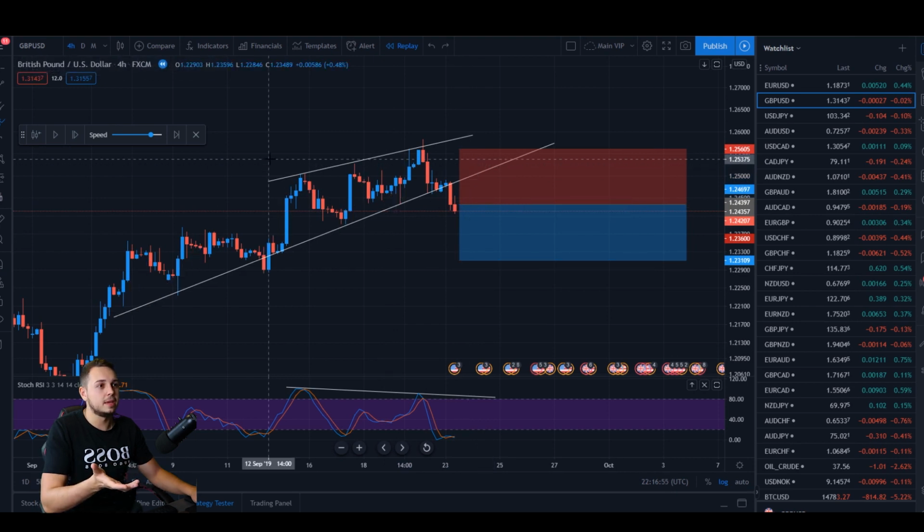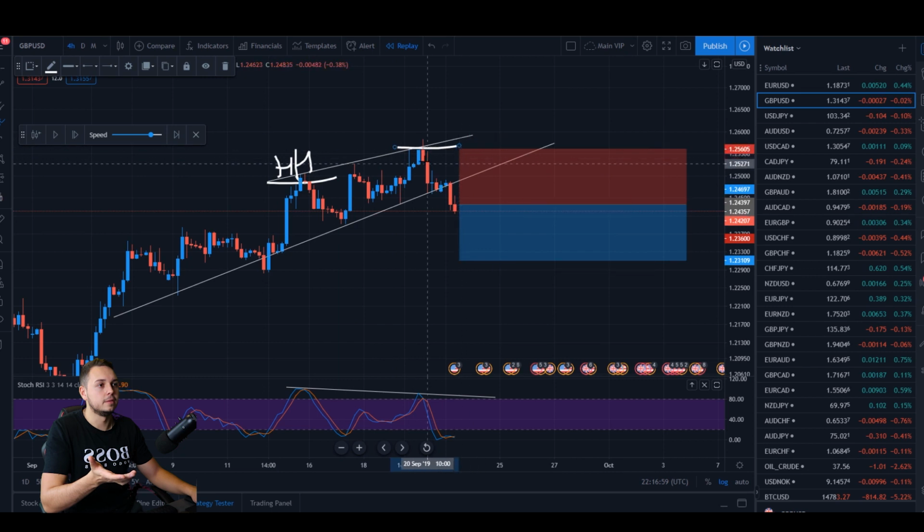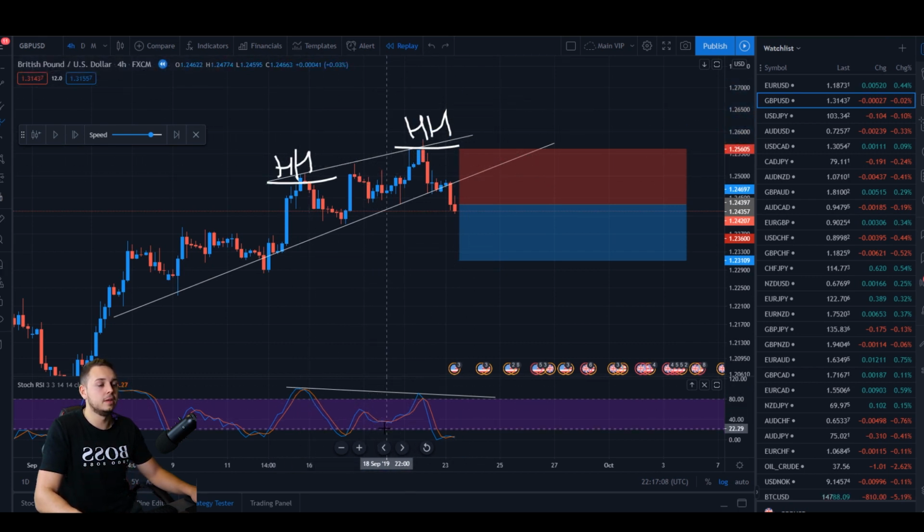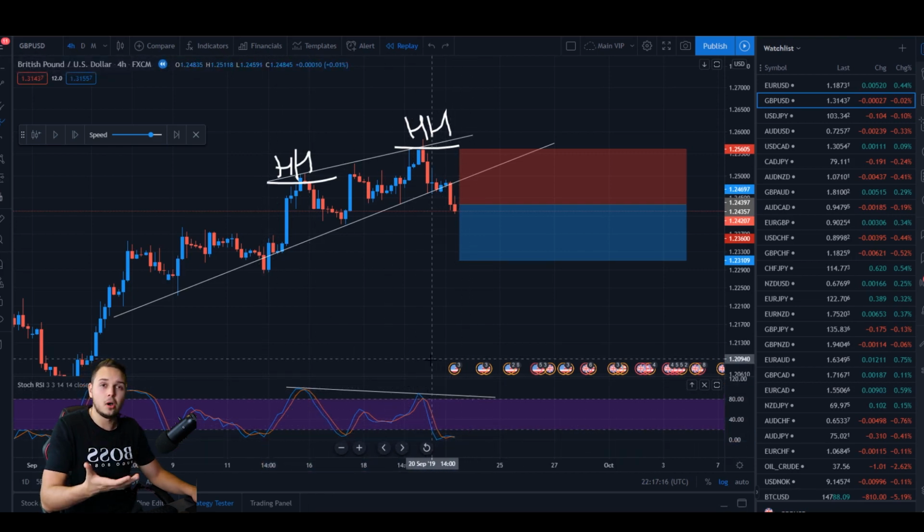Now, since we were making higher highs over here, this is the higher high, this is the higher high, right? And this higher high was important because of this divergence. Although this was a higher high on the candlesticks, this was a higher low on the indicator, and it's probably indicating that the market is getting exhausted and is going to go towards the downside.